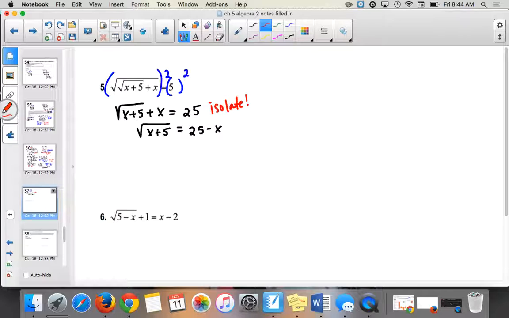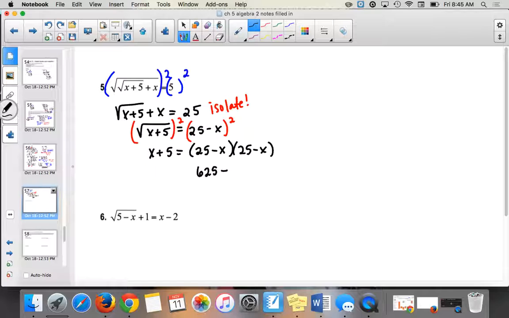All right. So now we're going to square. So on the left-hand side, I get x plus 5. And on the right side, I'm going to get 25 minus x times 25 minus x. 25 squared? Yep, 625.